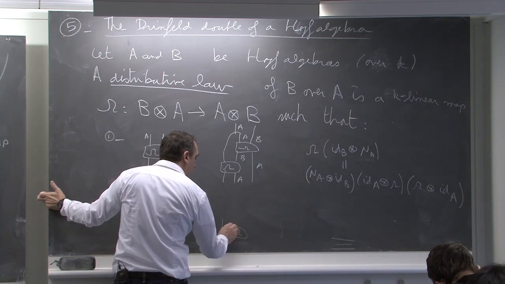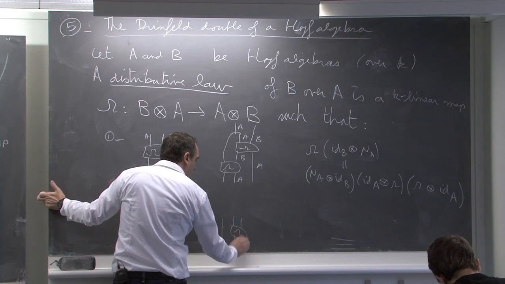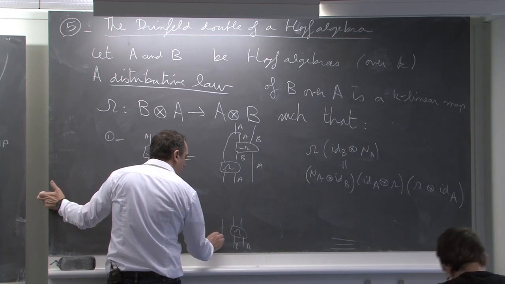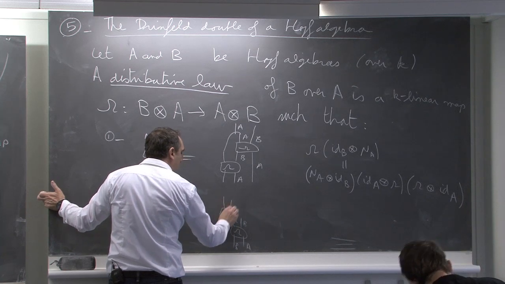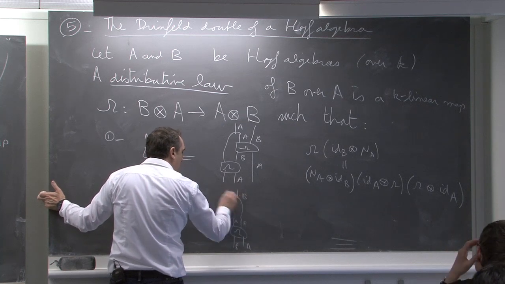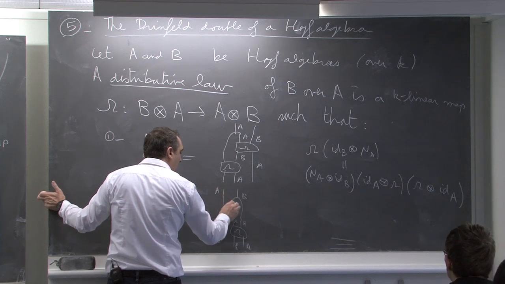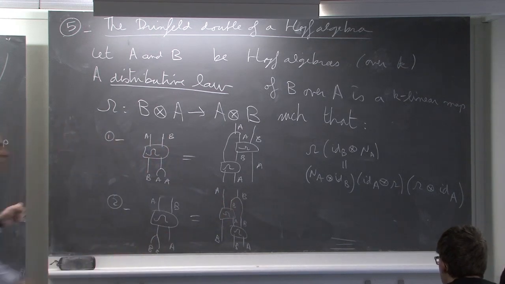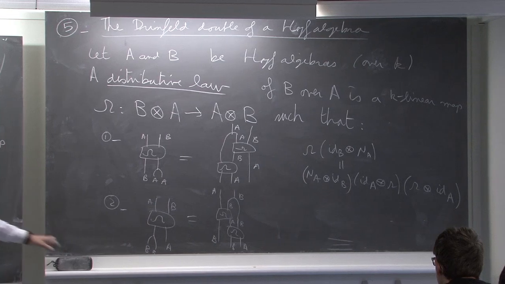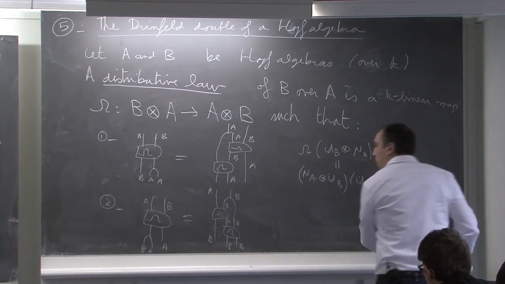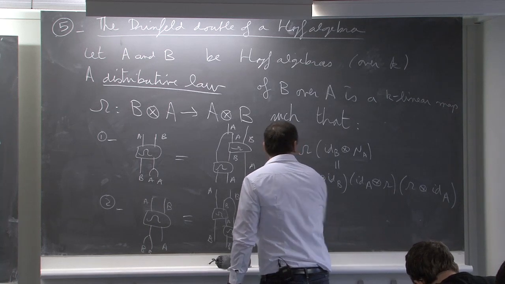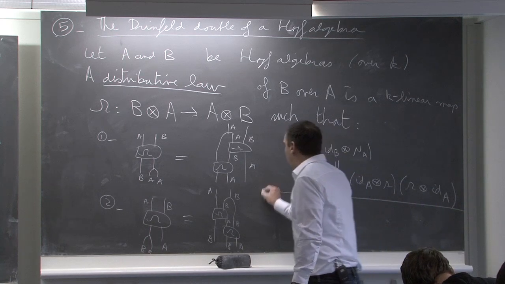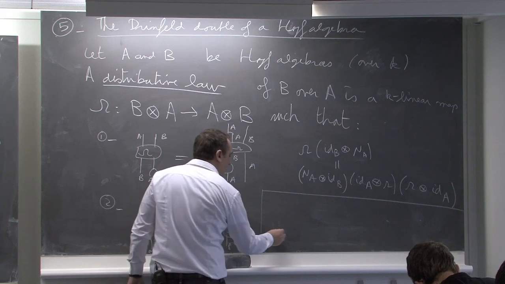I can use omega, B, A, B, and omega again. I do not write it in this form, but now, third axiom, I want some compatibilities with the unit.